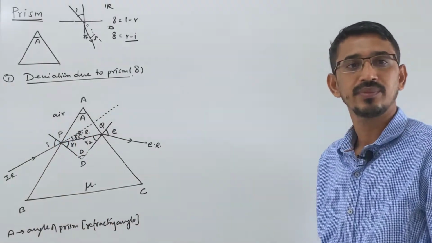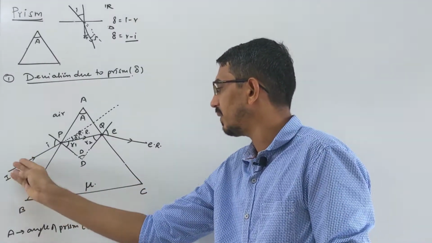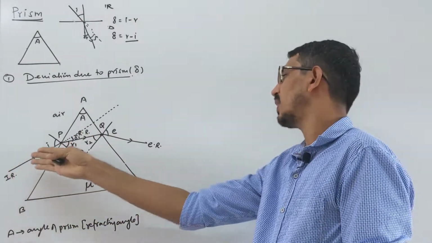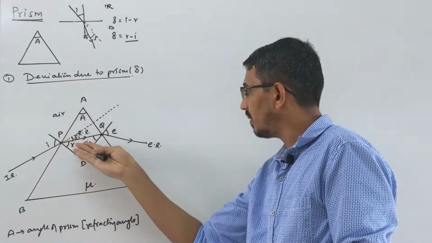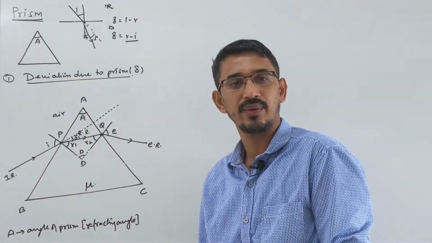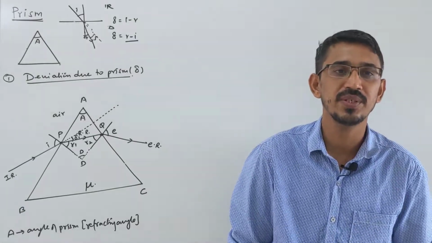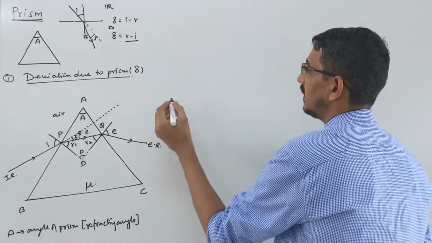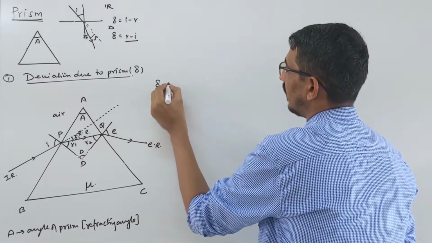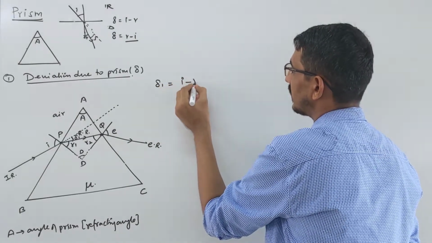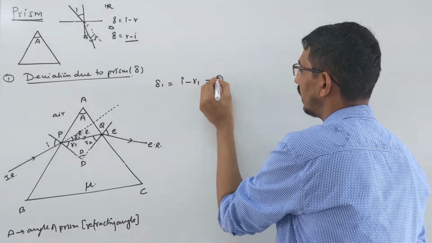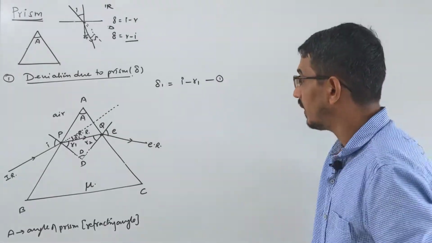If there is no prism, the incident ray should go straight like that, but it's deviated a little bit. Already we have learned in refraction that the deviation is I minus R. So deviation del 1 is obviously I minus R1.